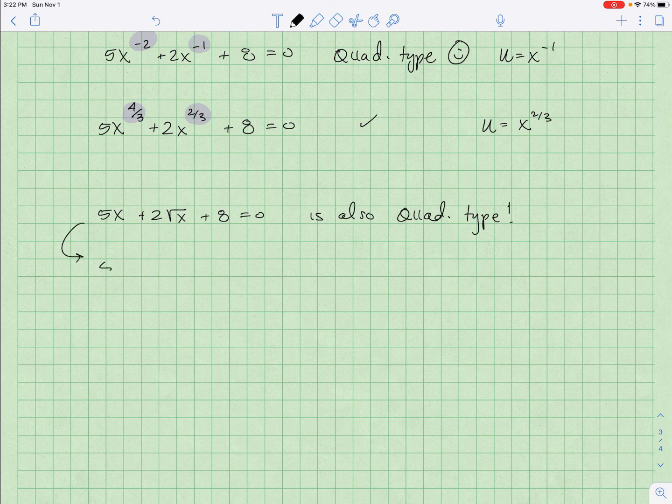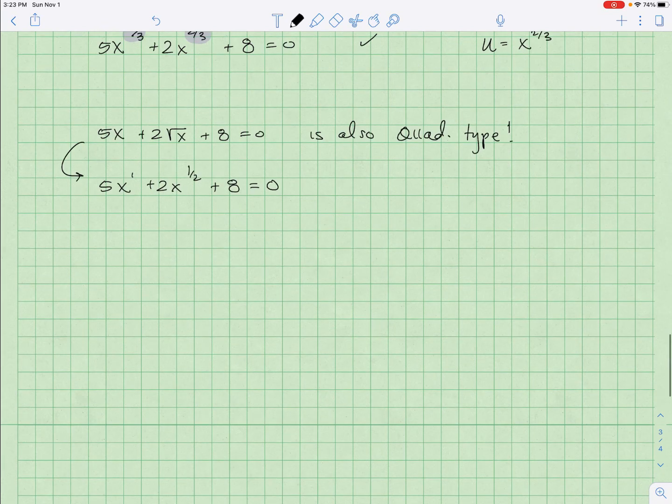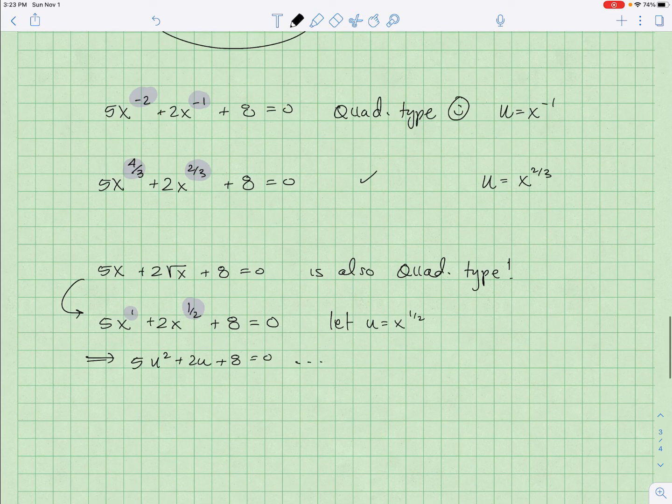Because this is 5x to the first power plus 2x to the 1/2 power plus 8 equals 0, and this is quadratic type because a half is exactly half of 1. And so in this case, you would let u equal the square root of x, or x to the 1/2, and it would become 5u squared plus 2u plus 8 equals 0. And you would go about solving it.